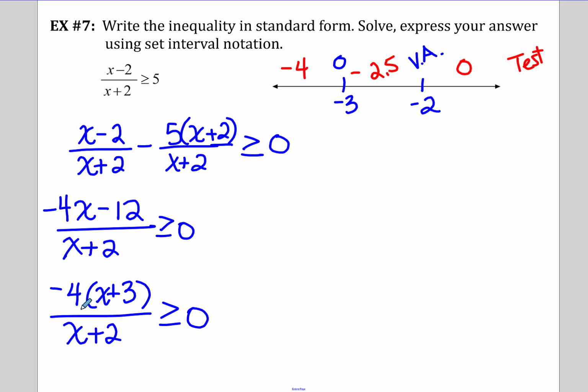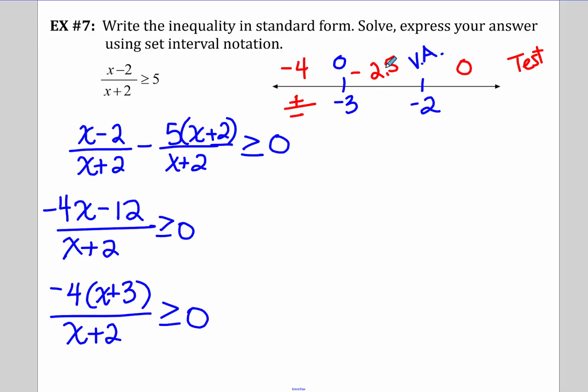So I'm plugging my negative 4 into here, and I've got a negative 4 times a negative 1. So I've got a positive in the numerator and a negative in the denominator. So this section is false because it's below the axis and we want above the axis.